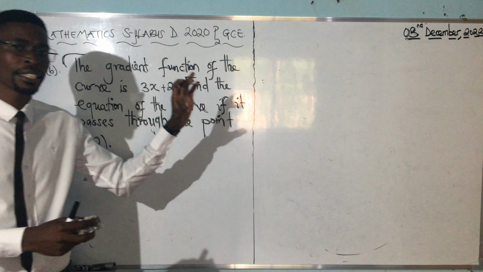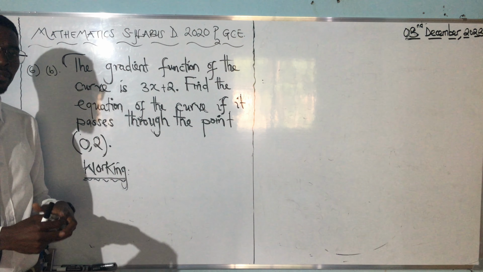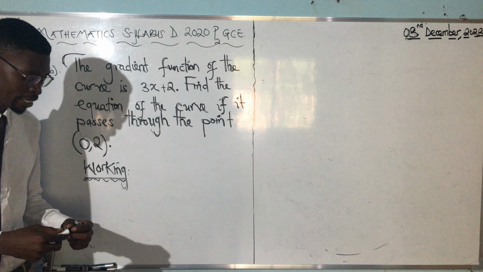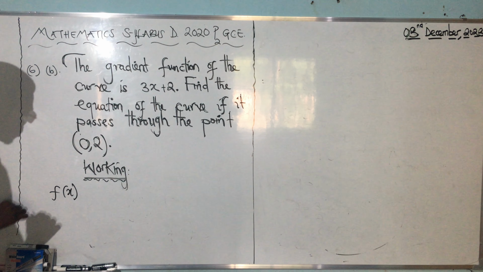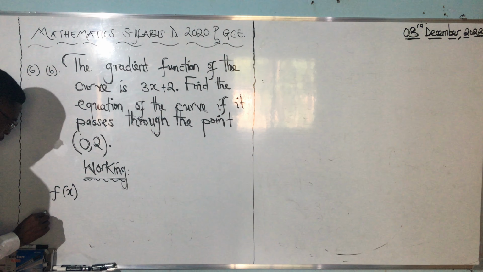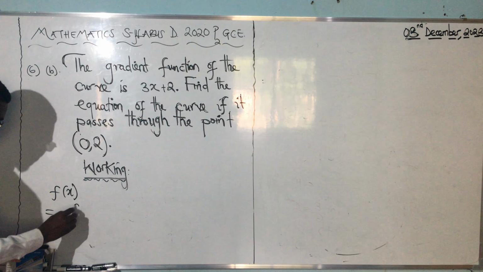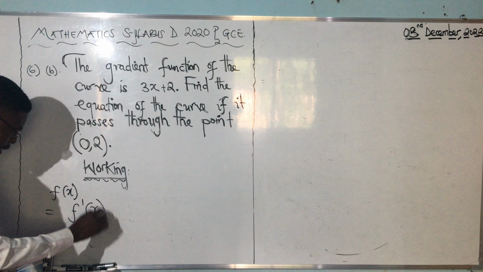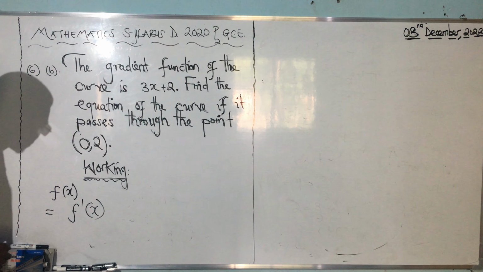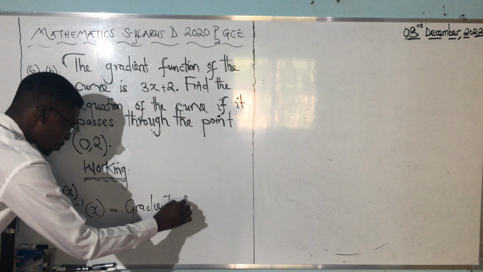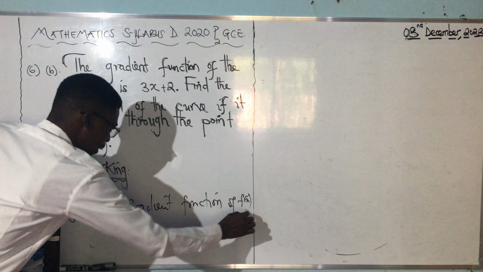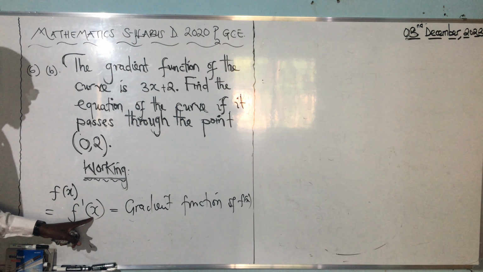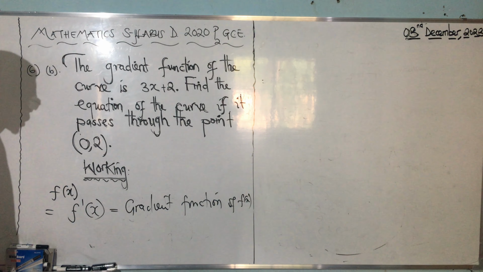So when you are given a function f of x and you differentiate it, that is f prime of x, the derivative of f of x, this will give you the gradient function of f of x.